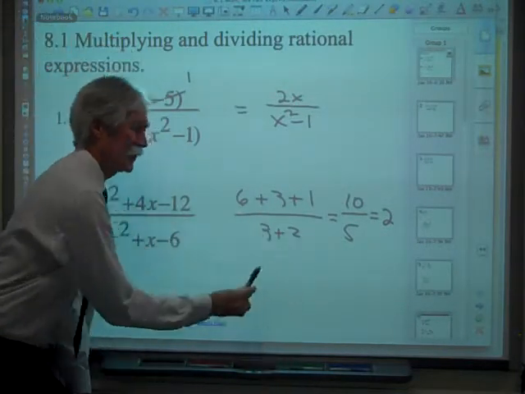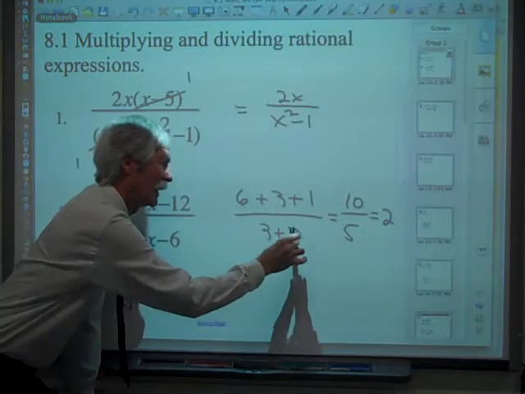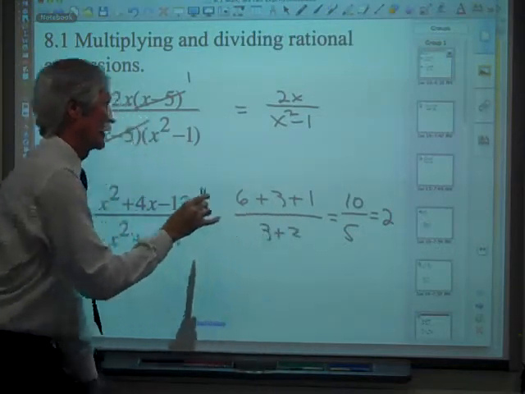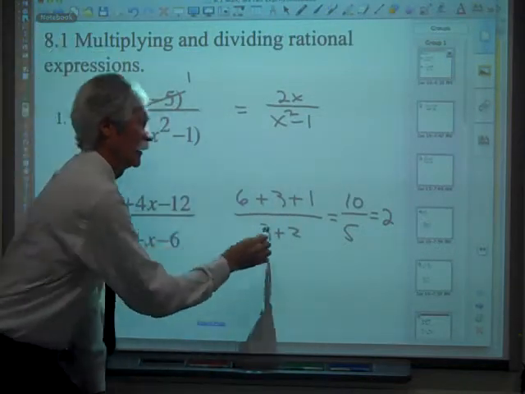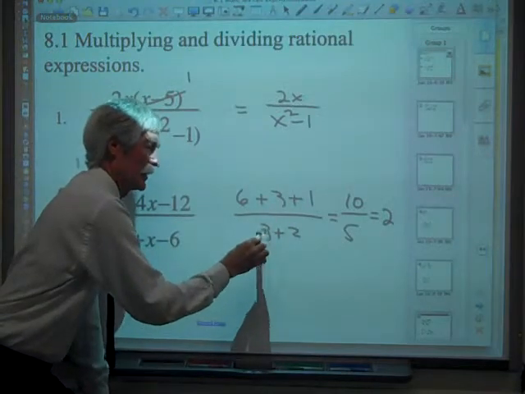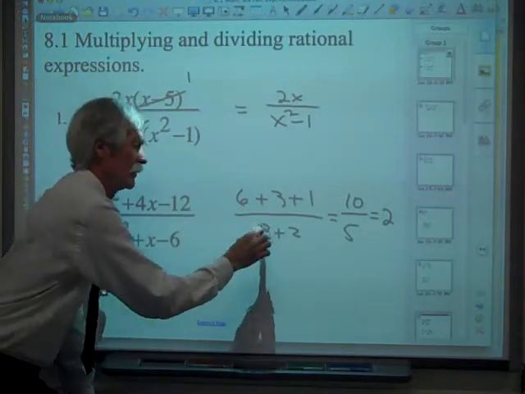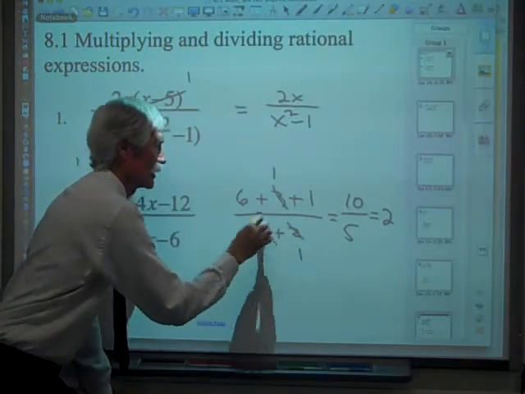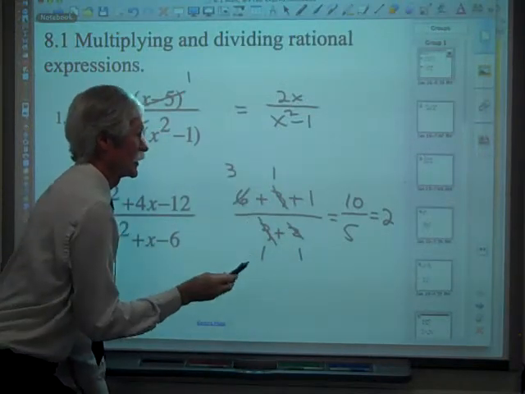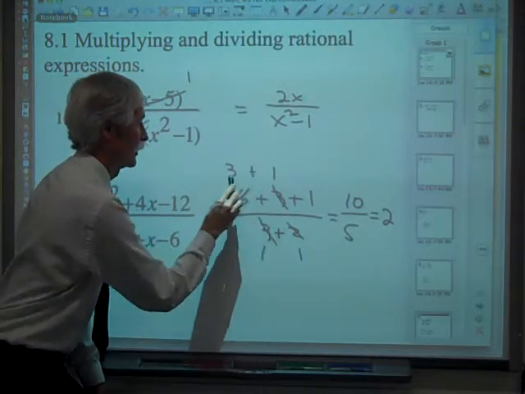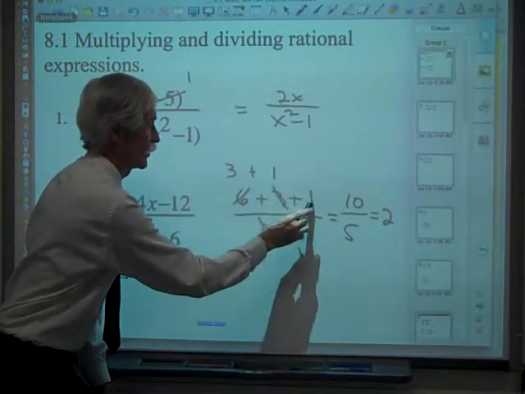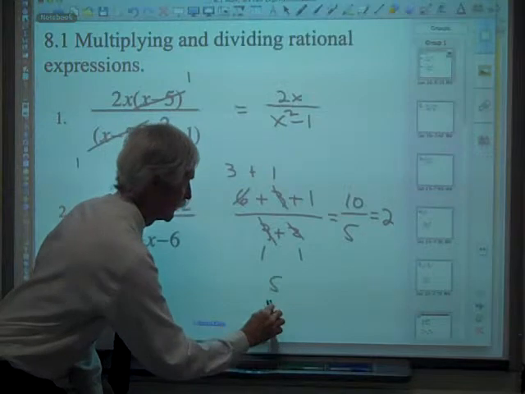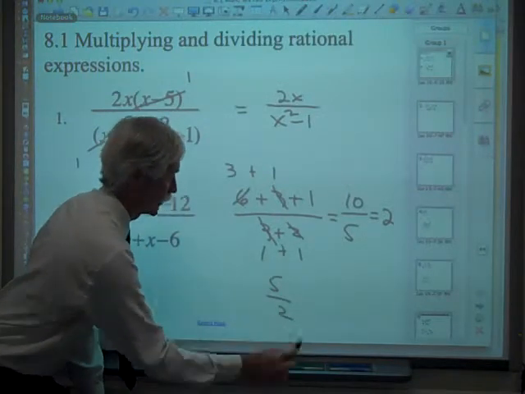But if it's an adding and subtracting, I can no longer cancel little bits like I did when it was multiplying. Let's cancel little bits, and we'll see that we end up with a rubbish answer. So 3 divides 3 once, and 2 goes into 6 3 times, and what did we end up with? 3 plus 1 is 4 plus 1 is 5. 5 over 1 plus 1 is 2.